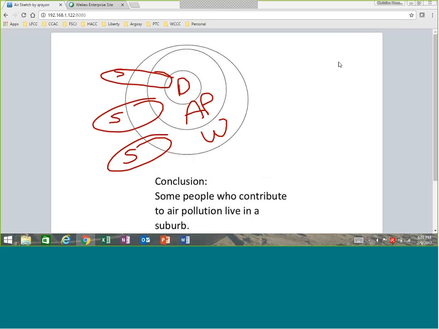Well, what about this one? These suburb people don't contribute to air pollution. It looks like we have another invalid, but don't think just because of the word some, it's always going to be invalid. You can't make that conclusion.